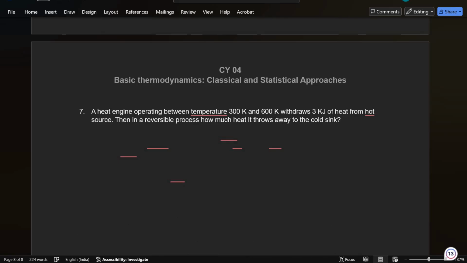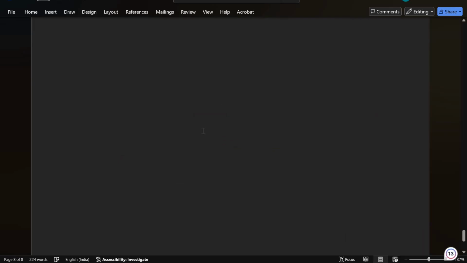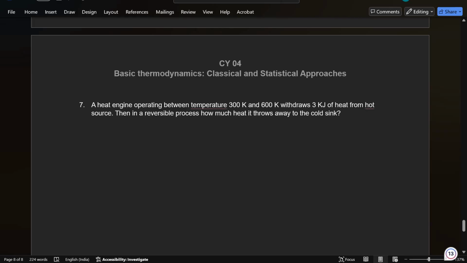All right. So we have another question here related to heat engine. So what do we have here? They have given TC, and so can you tell me what are the variables that we already know? Just read the question and tell me that.